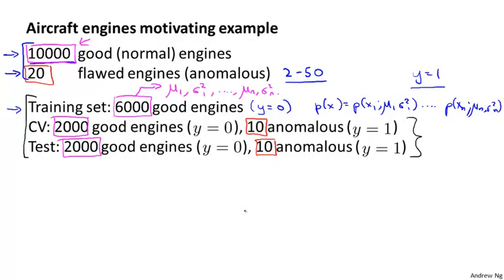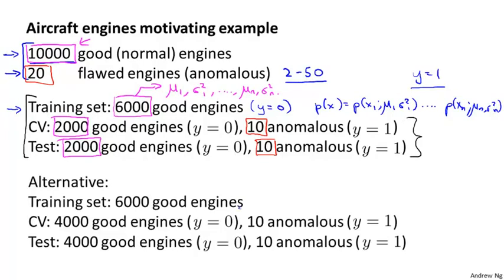Just as an aside, if you look at how people apply anomaly detection algorithms, sometimes you see people split the data differently. Another alternative, which is really not recommended, is that some people will take the 10,000 good engines, put 6,000 of them in the training set, and then put the same 4,000 in both the cross-validation set and the test set. We like to think of the cross-validation set and the test set as being completely different datasets from each other.